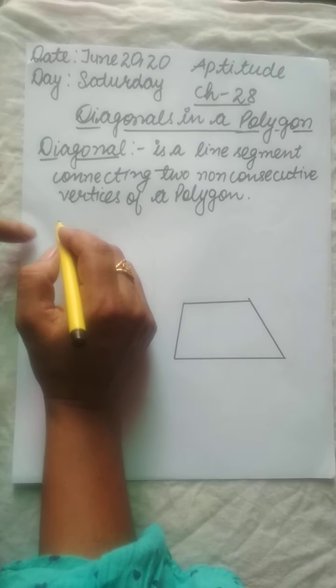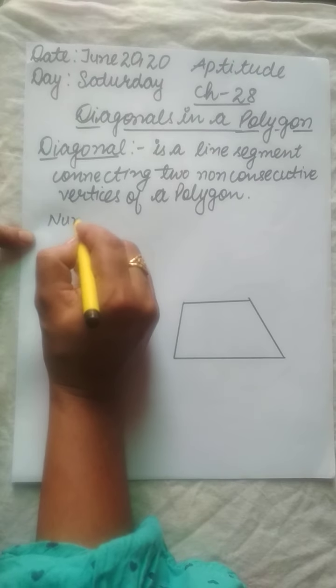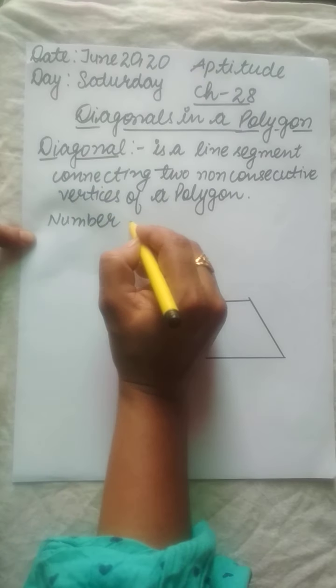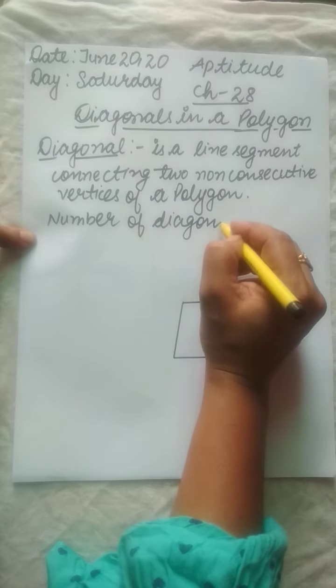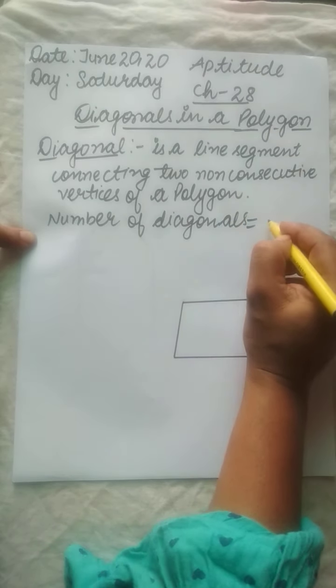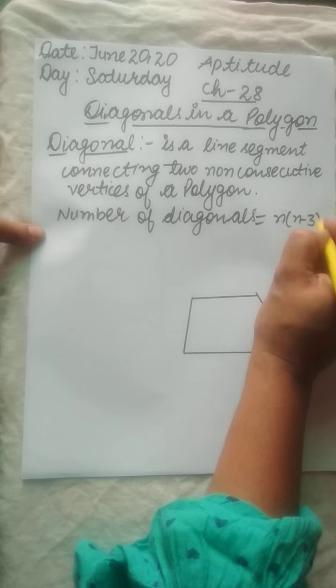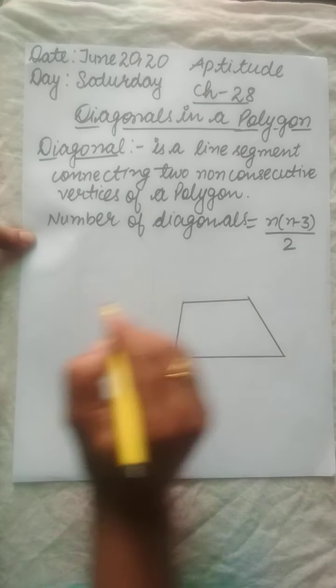It can be calculated as: number of diagonals is equal to n into n minus 3 divided by 2.